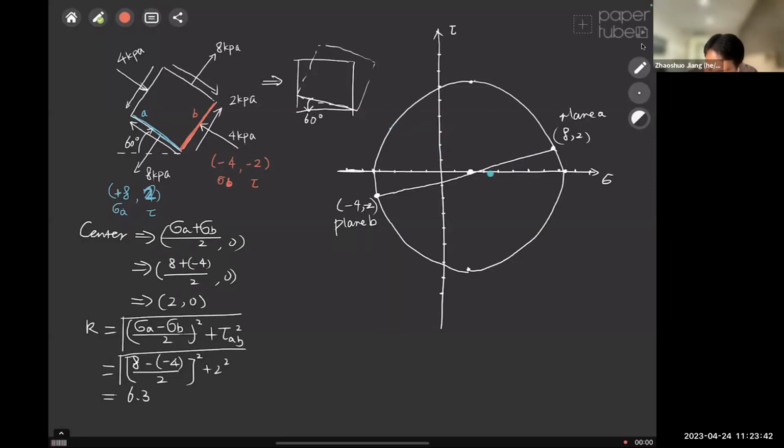If you rotate 120 degrees, which is 60 times 2, right? So what we need to do is find out the coordinates at this point and that point, because from plane A, if you rotate 120 degrees, this is going to be our horizontal plane.